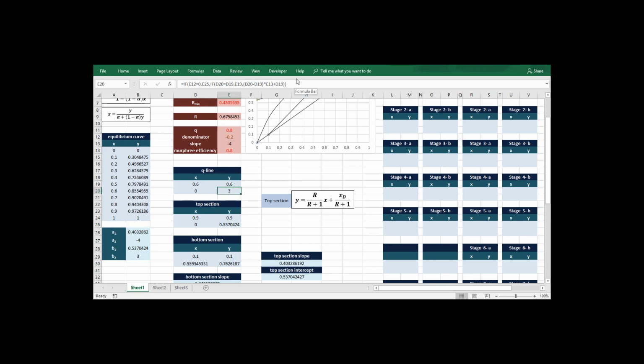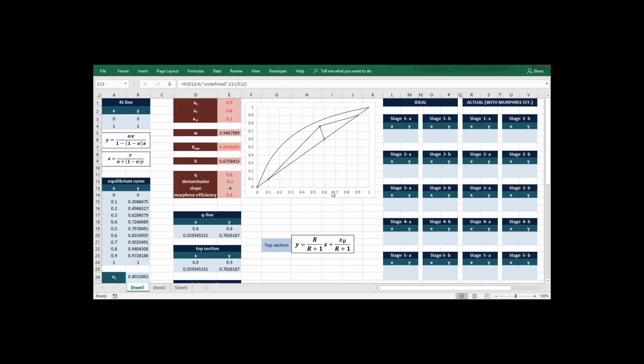These are the changes that I made, and the graph appears like this now.